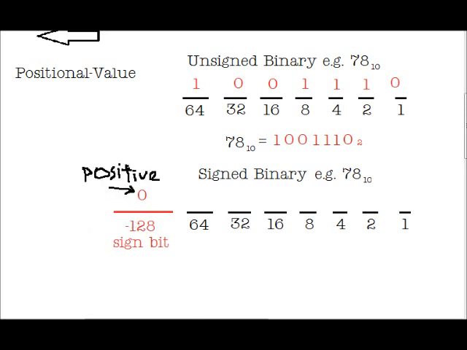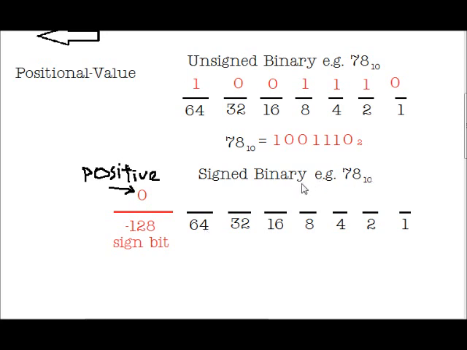After which you'll do the same thing like what you did for the unsigned binary in order to get the value of 78. So I'll not repeat what we had done previously.